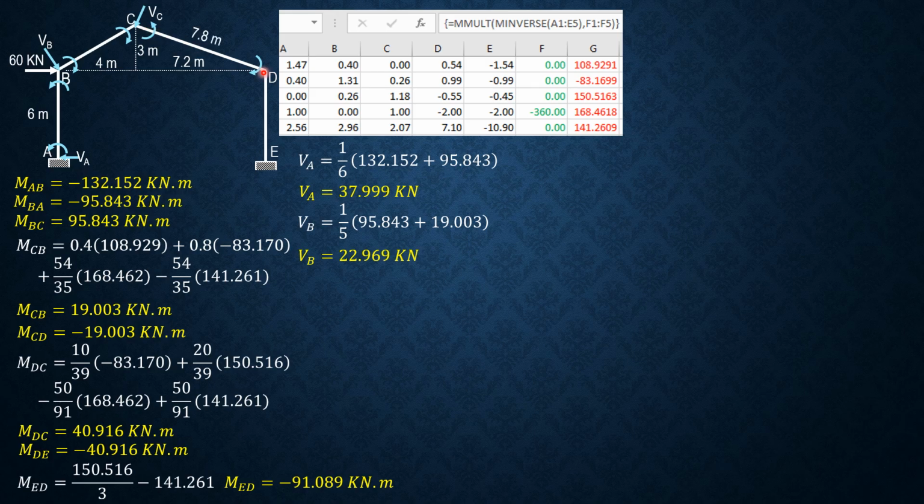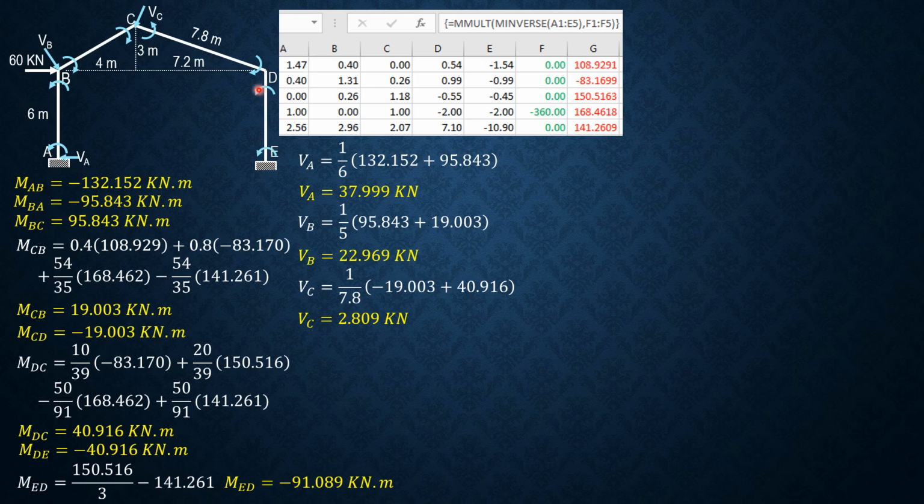Remember, length of CD is 7.8, so it is 1 over 7.8 times quantity negative 19.003 plus 40.916. So shear C is 2.809 kilonewtons.